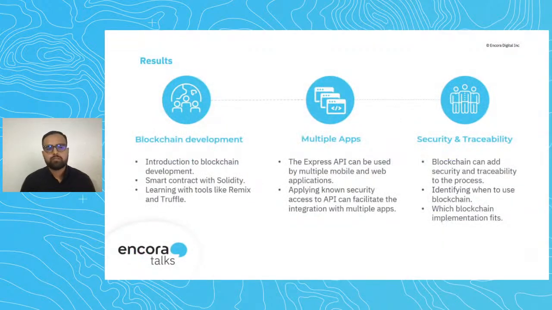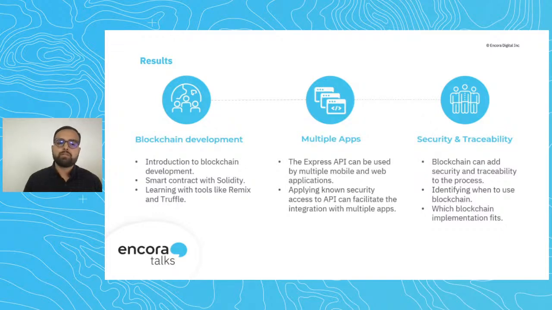So, the results of this implementation. After the investigation, I have read a lot of articles and watched a lot of videos on how to implement blockchain. And I found that using Solidity and tools like Remix, Truffle, and Web3 was really interesting. With this project, the Express API that I built can be used by multiple mobile or web applications.